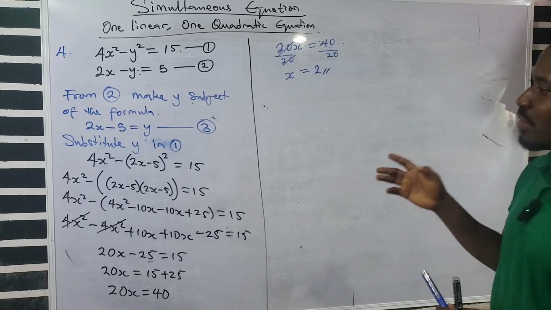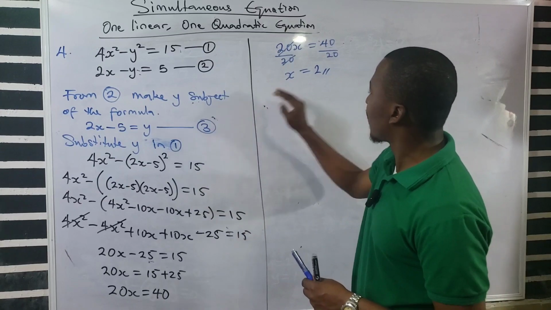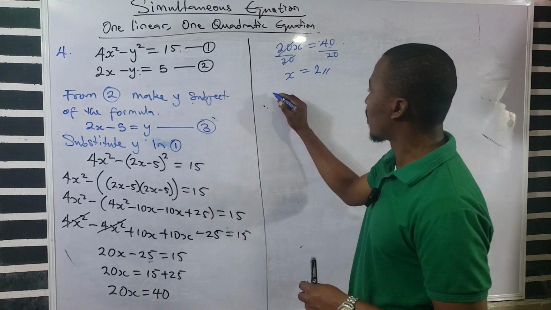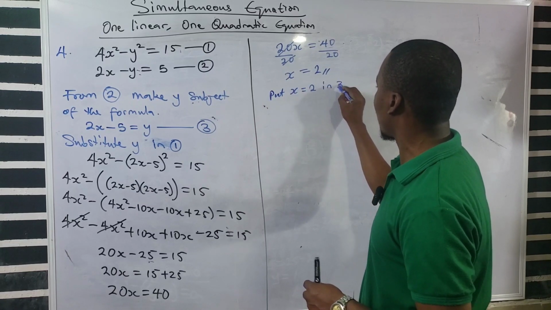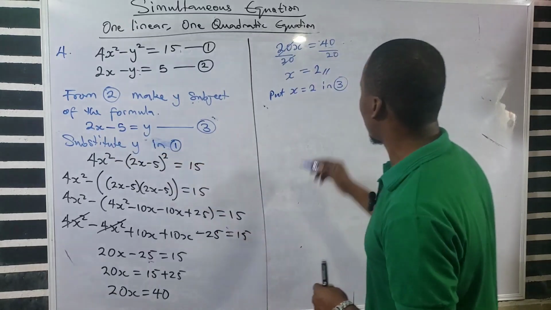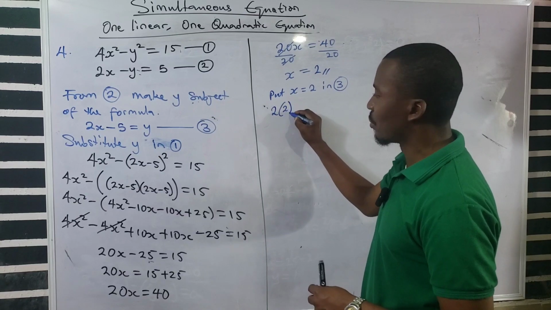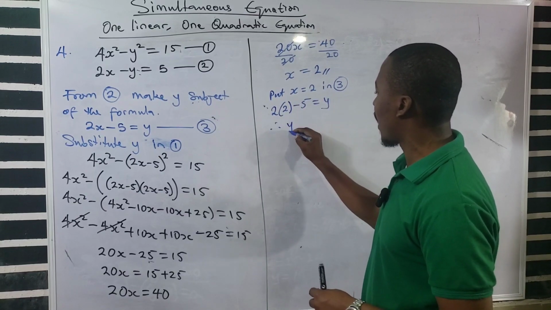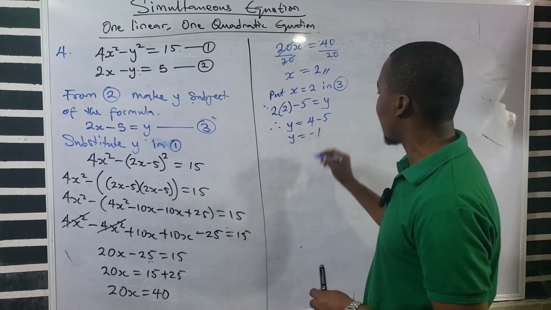So the next thing to do there is to get the value of our y by putting the value that we have gotten for x in equation 3. So let's say put x equals to 2 in 3. So when you do that, anywhere you see x in equation 3, you replace it by what? 2. So that will give you 2 into 2 minus 5 equals to y. Therefore, y equals to 4 minus 5, y equals to minus 1.